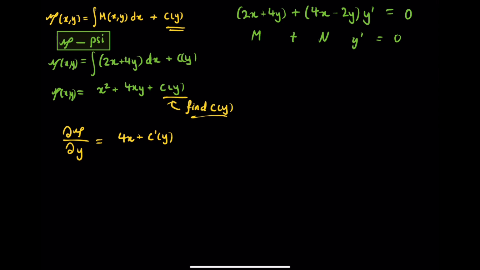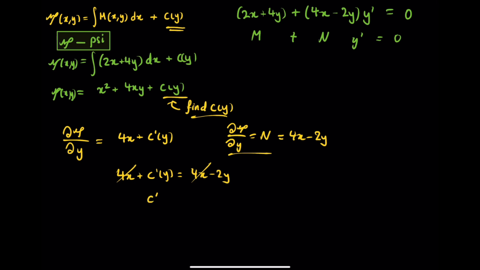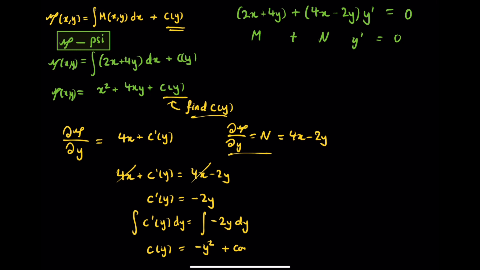Recall that the partial derivative of psi with respect to y is also N, and N is 4x minus 2y. So 4x plus c prime of y equals 4x minus 2y. The 4x cancels out, so c prime of y is minus 2y. We take the integral of c prime of y dy, which equals the integral of minus 2y dy, and then c(y) is equal to minus y squared plus some constant. Okay?